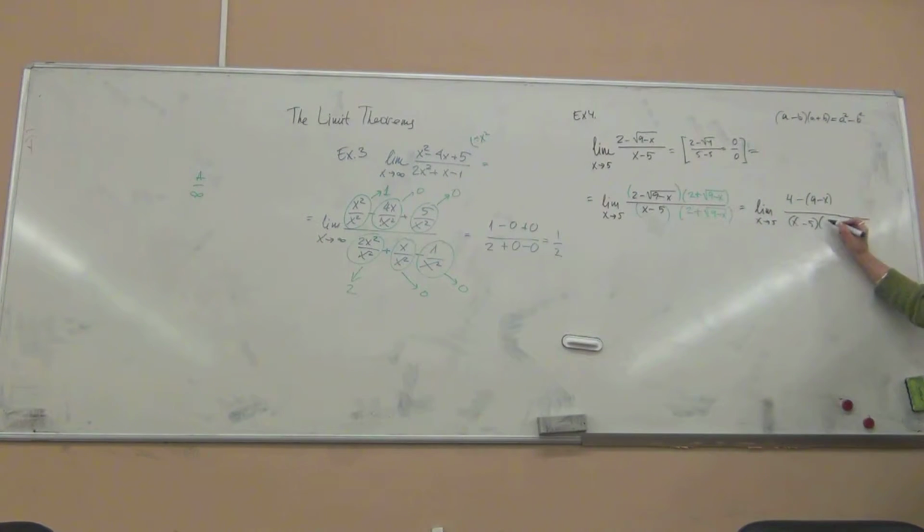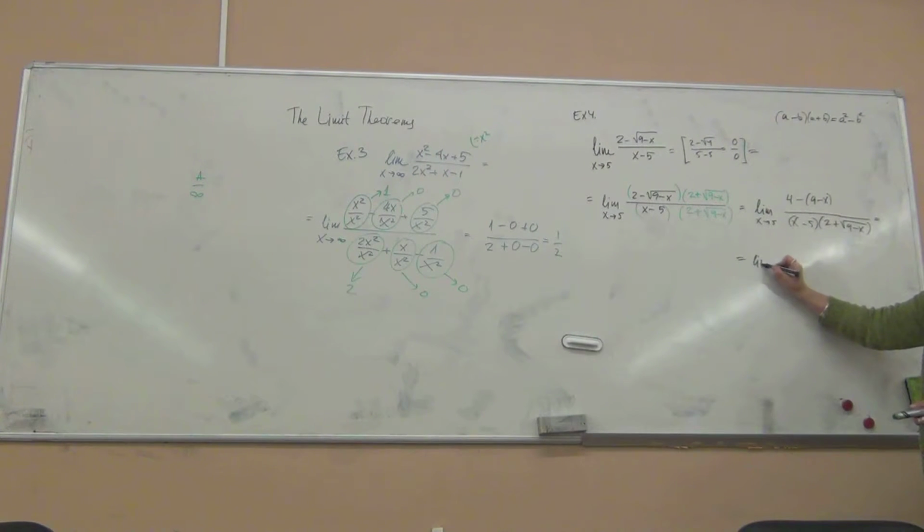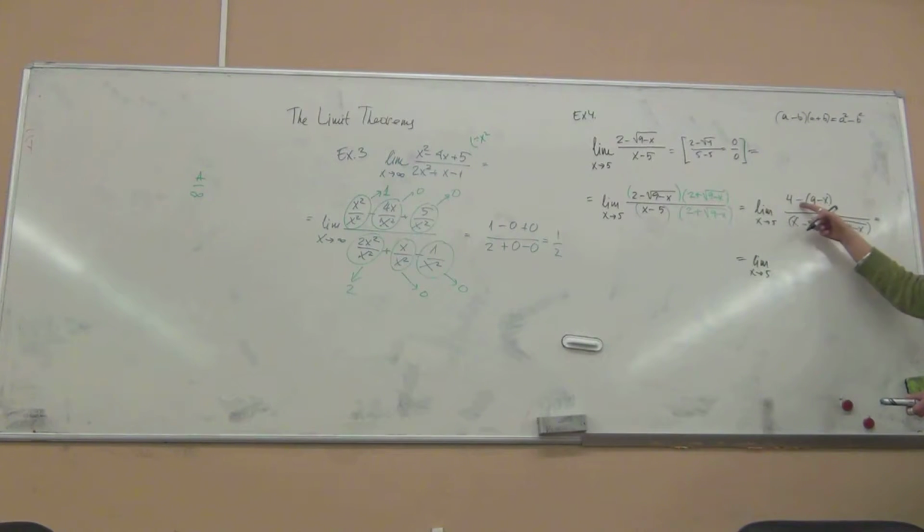And the trick is do not open the other brackets where we don't have the two conjugates multiplied together, because that will only create confusion. It will make things more difficult to calculate. Don't open these brackets, because what we have here now is 4 minus 9 minus x, which is x minus 5. When we open these brackets and simplify, it's x minus 5.